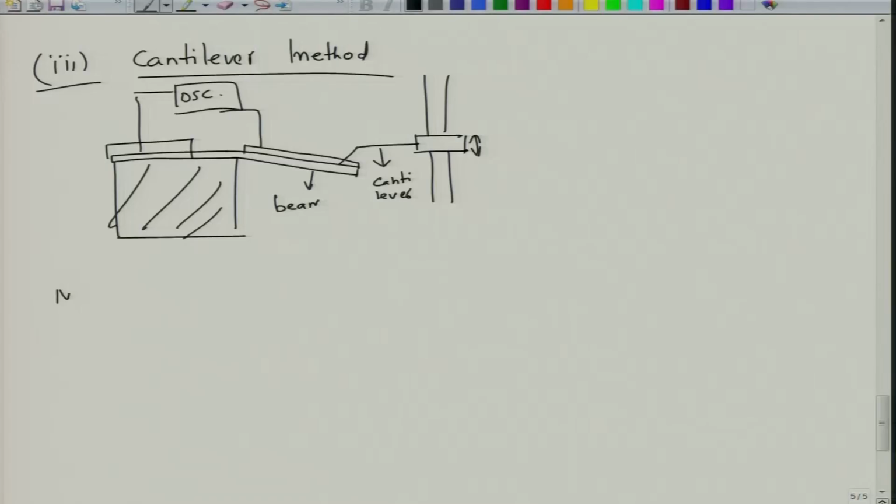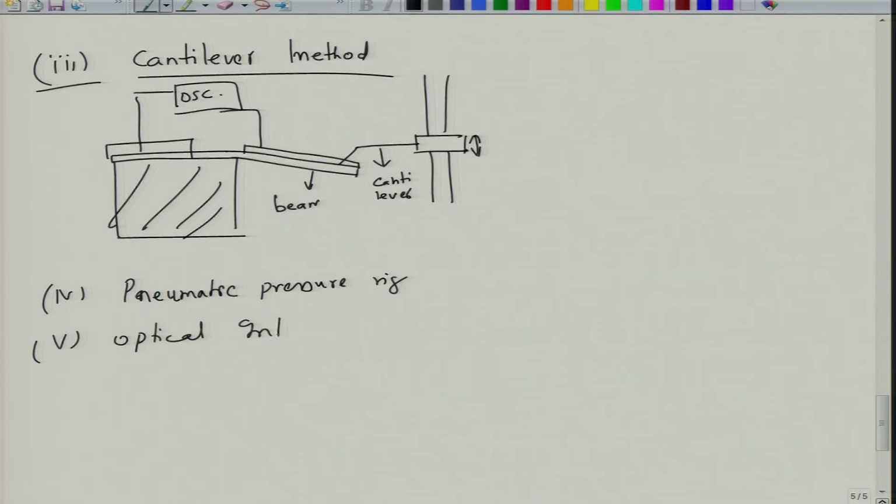There are other methods too: a pneumatic pressure rig measurement, and optical interferometry. Optical interferometry is a popular method nowadays for measuring the piezoelectric coefficient.